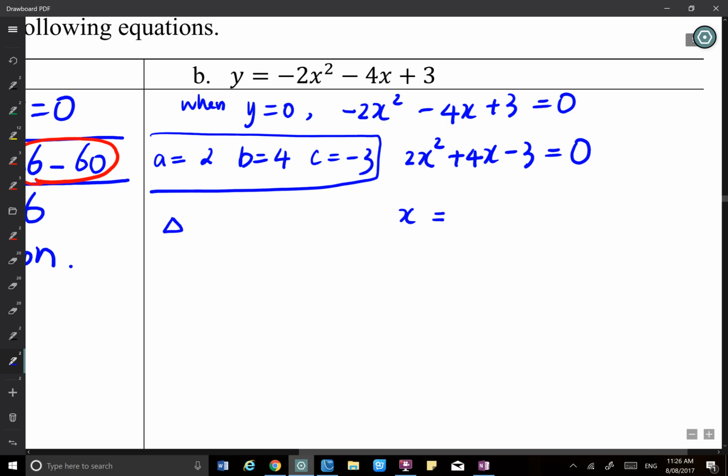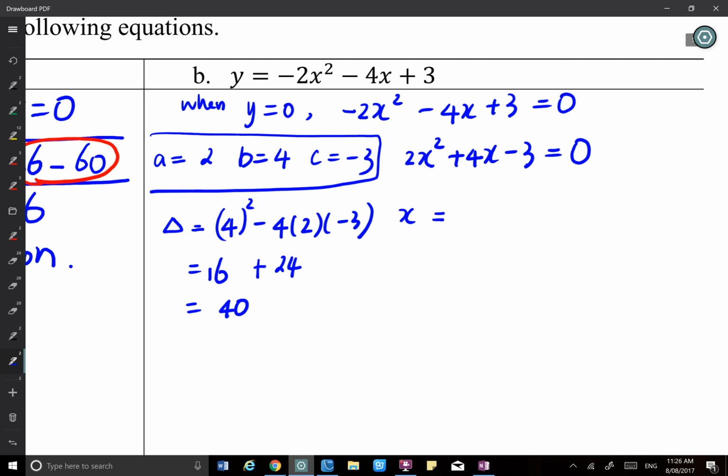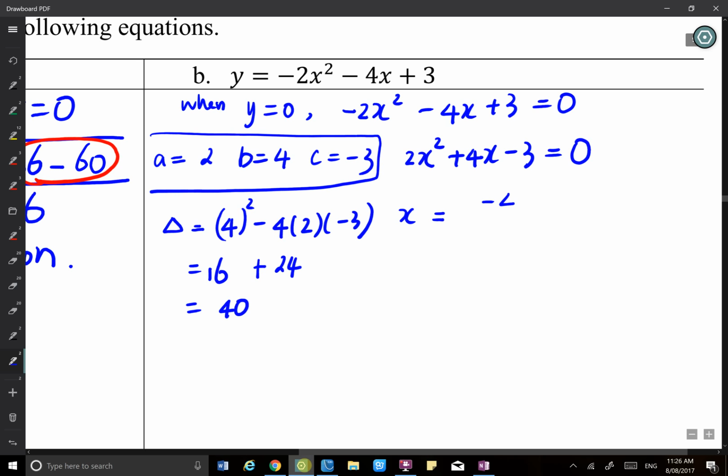So what does x equal? Let's check the discriminant first this time, maybe it doesn't work. The discriminant is 4 squared minus 4 times a times c, that is 16 plus 24, that's 40. What will x be? Minus 4 plus minus square root 40 over 2a, which is 4.